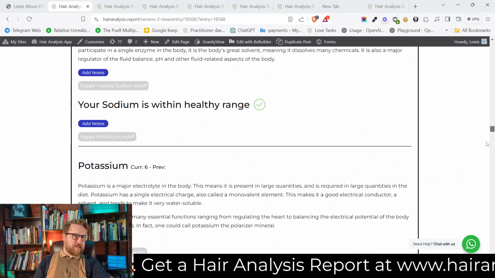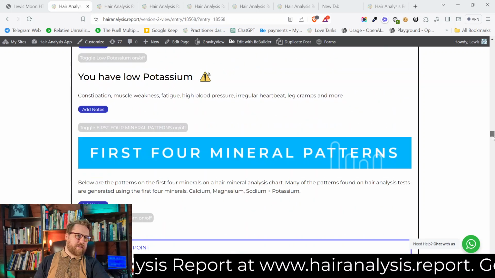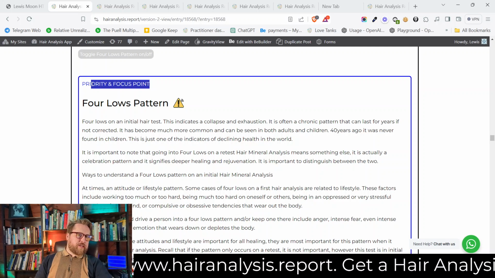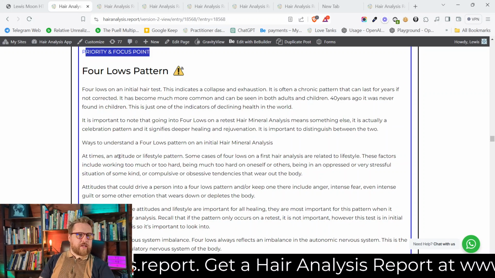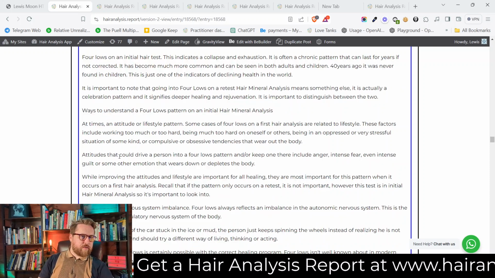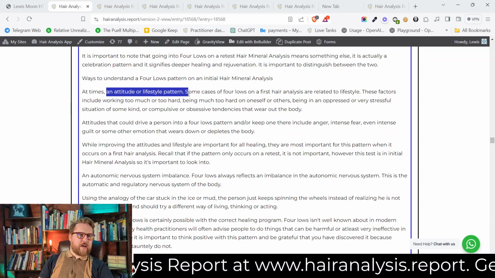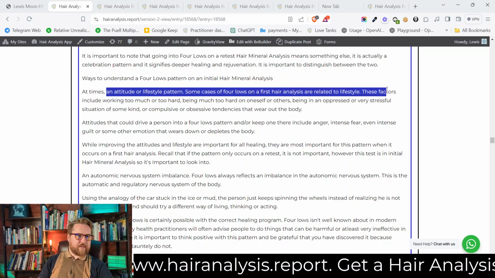So on our hair analysis application, you will get a section on 4 lows. It's a priority section, so it's a priority and focus point, and it will talk about all of the things relating to 4 lows. At times an attitude or a lifestyle pattern. In some cases, 4 lows on a first hair analysis is related to lifestyle.